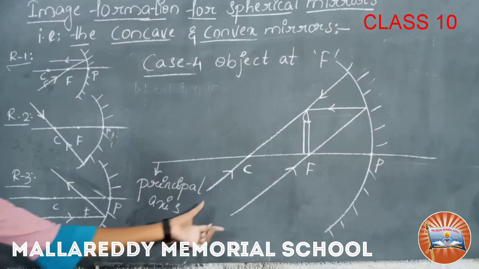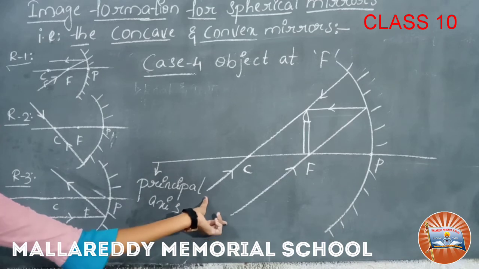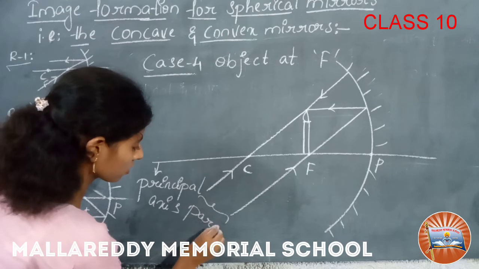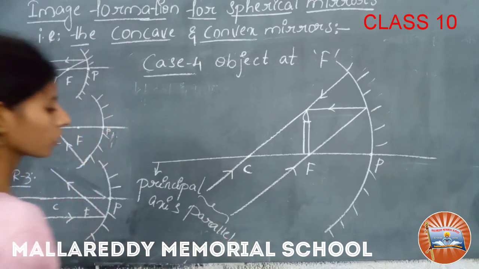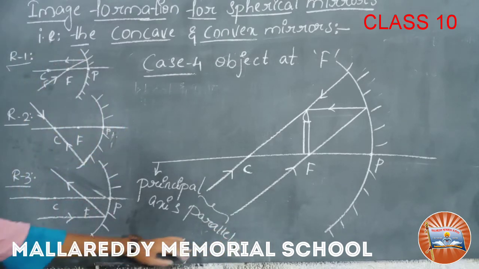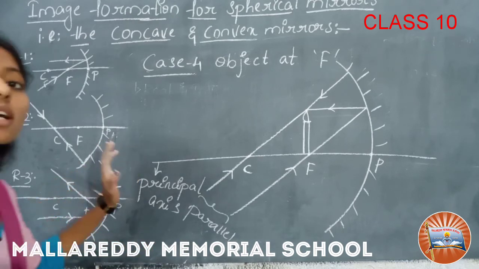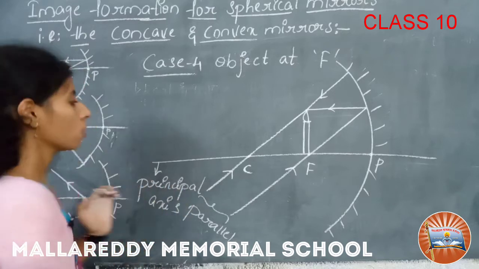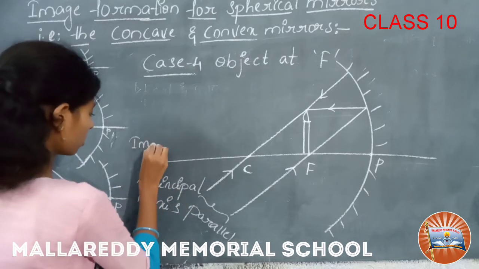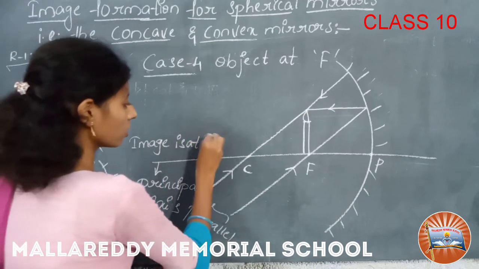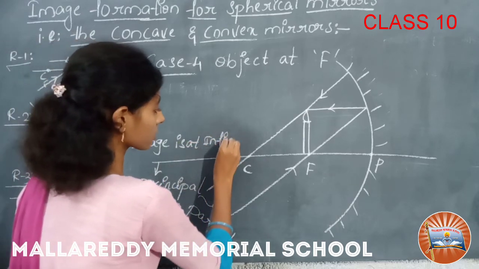Now see, these two rays are parallel here. Okay, now these two rays are parallel and the image is at infinity distance. So we can say that image is at infinity distance.